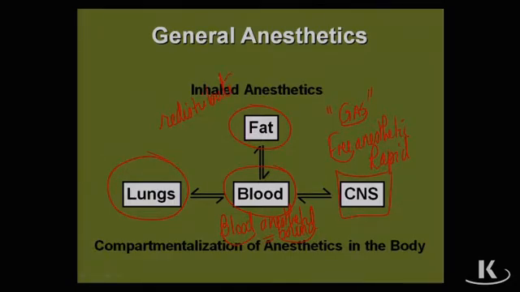It is a much slower process for the actual gas to build up in the fat, simply because of the different vascularization of that tissue. Nonetheless, we can expect that on stopping the administration of an anesthetic, there might be residual effect of a medication, simply because as it has redistributed in the fat, it can just as well come back into the blood and go back into the brain.